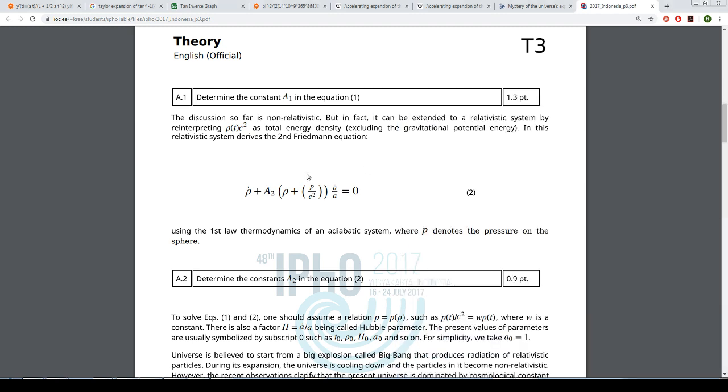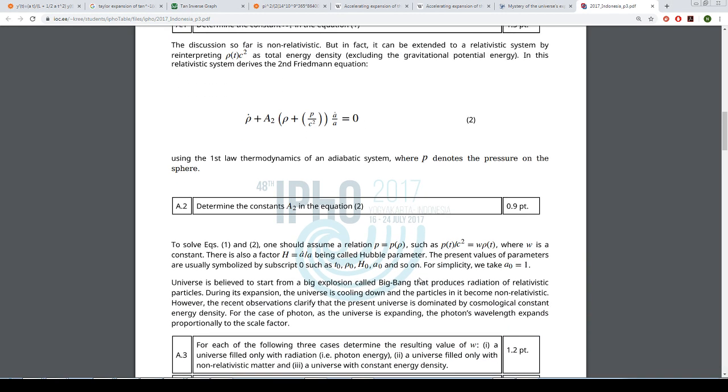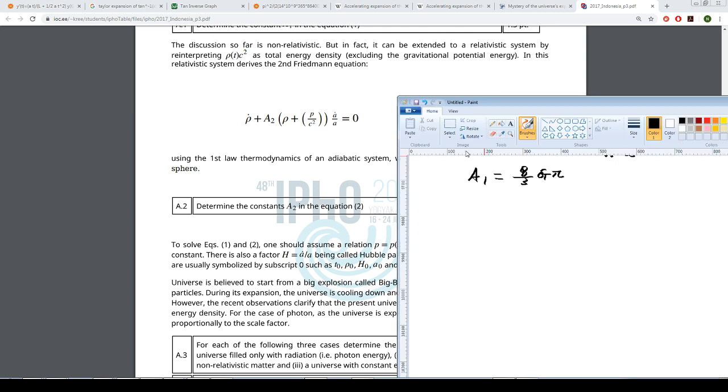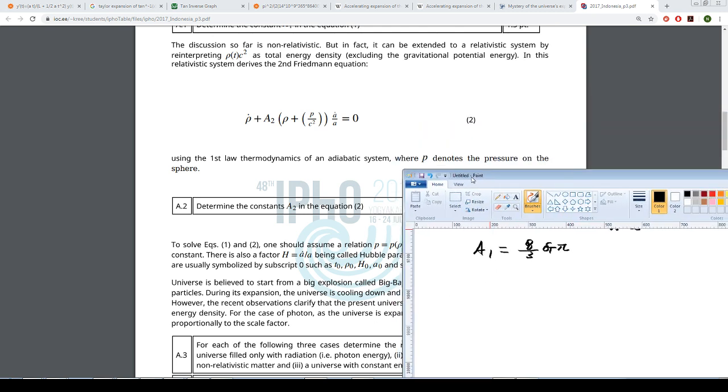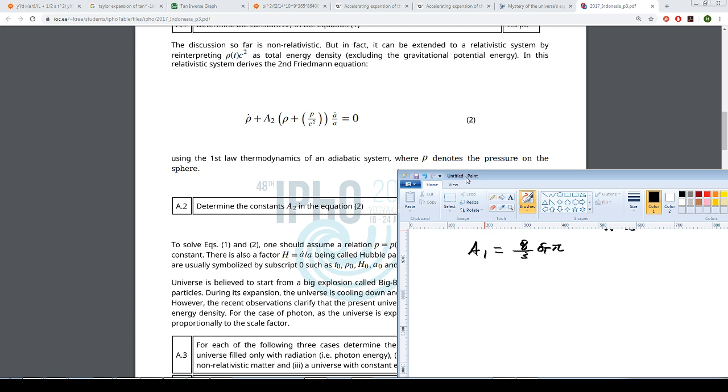So in the second step, we need to treat mass and energy as the same. Okay, we will treat this relativistically. So basically, mass is energy, energy is mass.